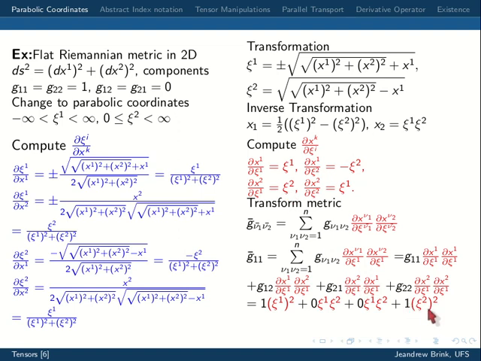Okay. And so our metric component for G11, in the transformed coordinates, is xc1 squared plus xc2 squared. And you can do all the others simply by changing these indexes below.